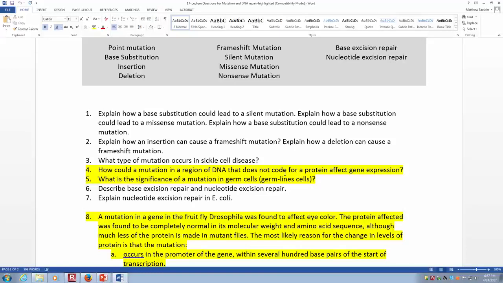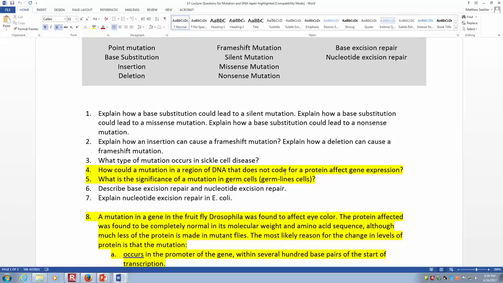So we talked about 2 more. Right, so a mutation in the promoter could result in making too much protein or not making enough. And then what's the other one that we discussed?